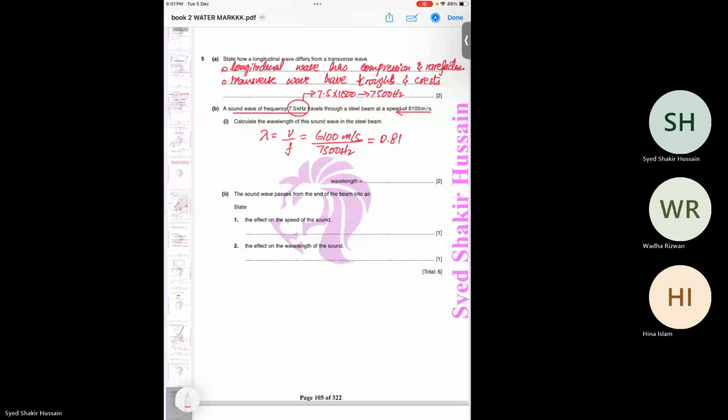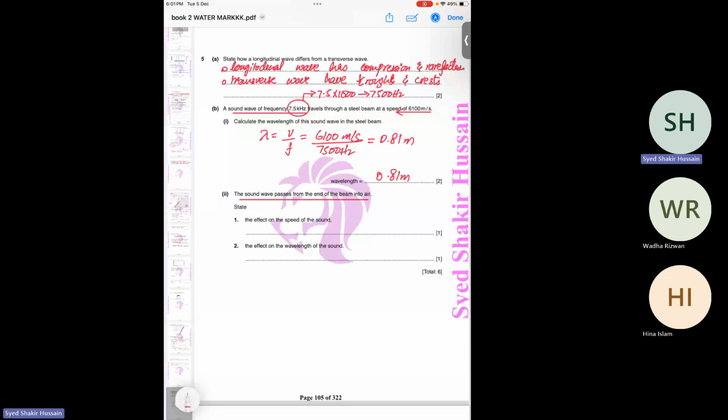Is it right? I'm asking the other student. Yes, sir. 0.81 meters. The sound wave passes from the end of the beam into air. State the effect on the speed of the sound.